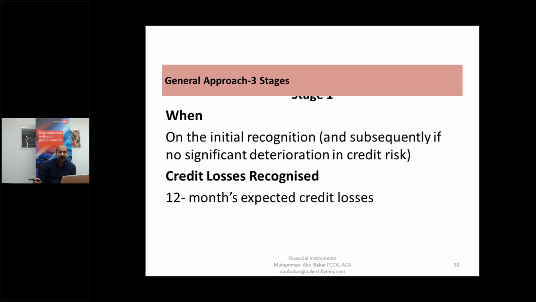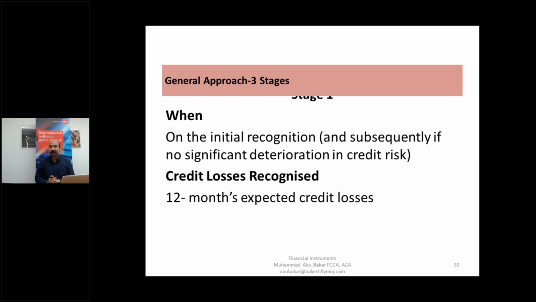If at initial recognition the cash flows it expects to receive are less than those in the contractual terms, 12-month expected credit losses are recognized immediately in the profit or loss and deducted from the carrying amount of the financial instrument by way of a loss allowance account in the statement of financial position.